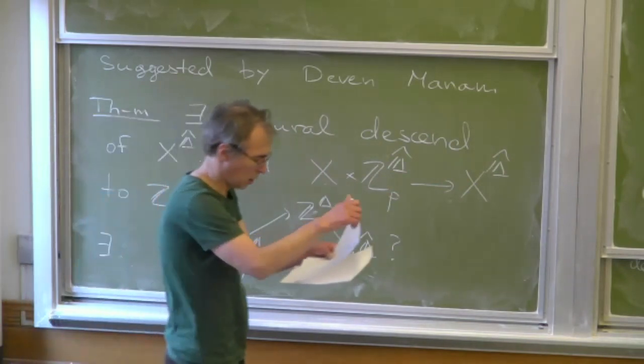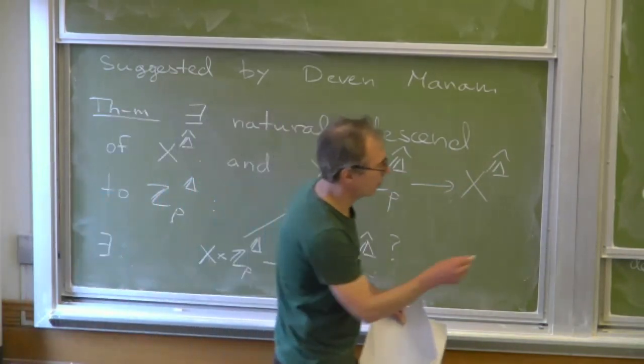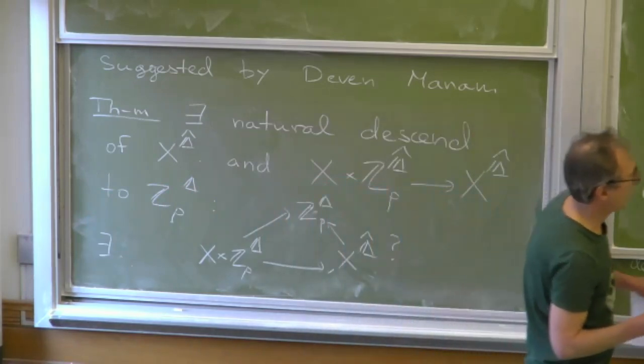So what does it mean to give an element here? What is G?